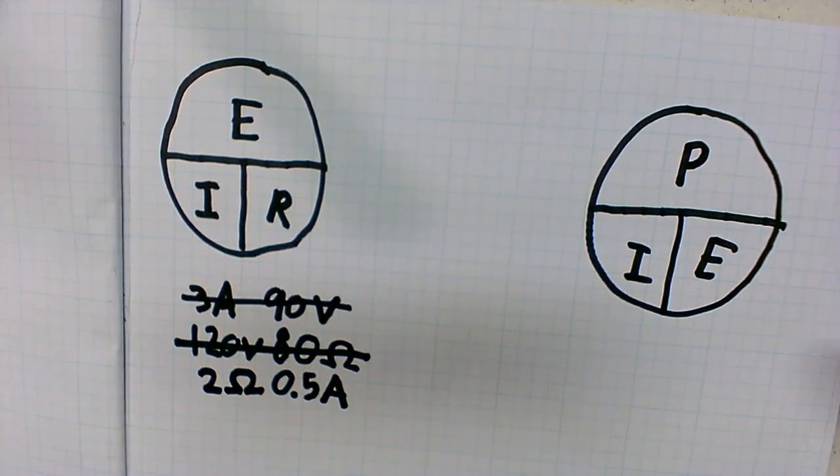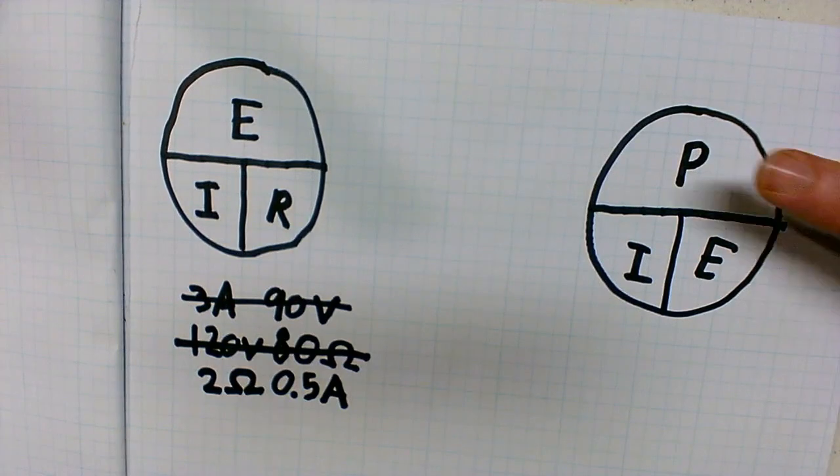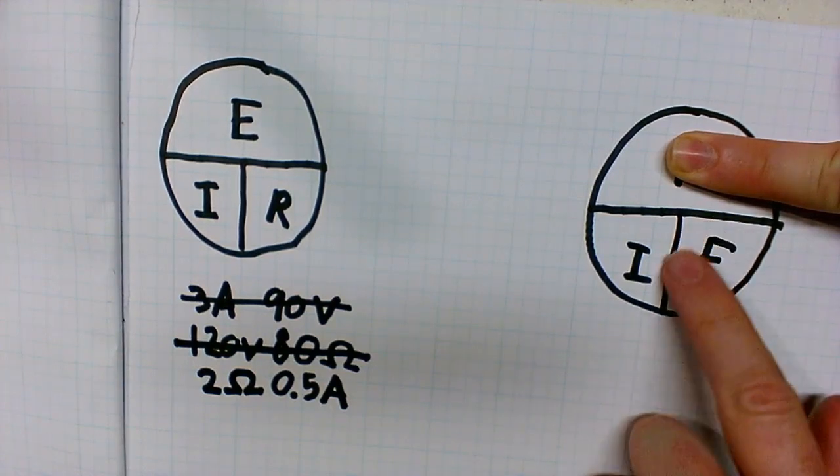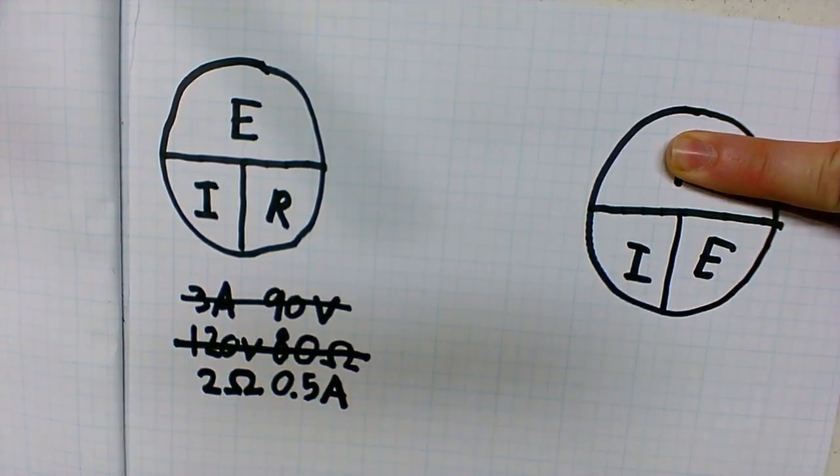So which one would it be then? We're looking for power, right? So P is power. And then we have our amps, or I, amperage. So what are we doing here between them? I believe we're doing multiply.